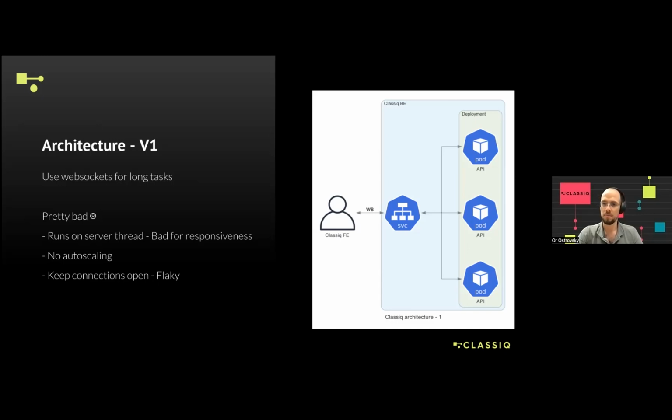Our tech stack is based on Python, and Python multithreading is not that great. And even if you have multithreading, you don't want to open too many threads on your Kubernetes pods. Next thing, we don't have autoscaling. Our deployment is statically sized, so we have a fixed number of pods. And finally, because we keep the connection open for so long, the entire situation is very, very flaky.